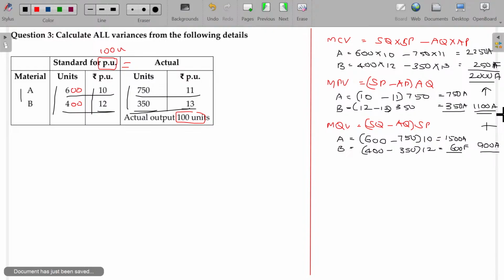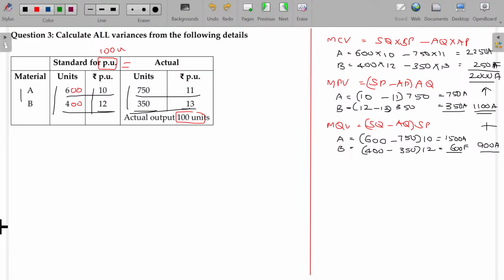Clear? Every item can also be considered: 750 plus 1500 adverse, 2250 adverse, 350 adverse, 600 favorable ends with 250 favorable. That way also you can do the cross verifications.